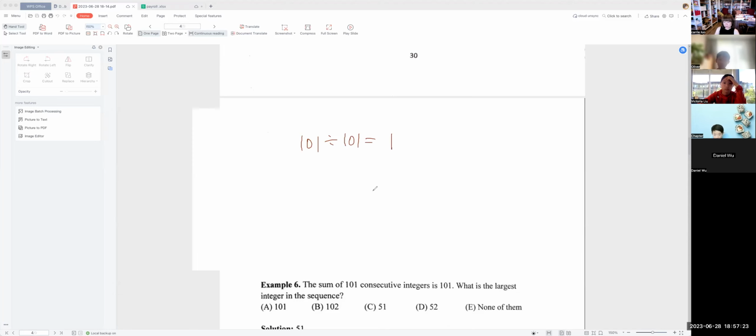So that equals what? Middle number. Correct? So 1 is the middle number. And there are another 50 numbers here and 50 numbers here. So what is the biggest number?